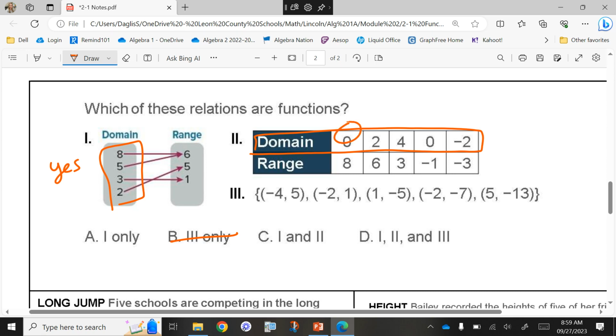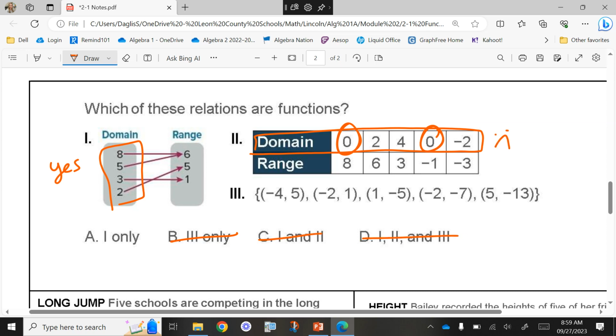You have 2 zeros, right? Uh-oh. That's okay. Now, there is a 2 and a -2. Is that the same number? No. It's not the same number, so that's okay. The issue is there were 2 different zeros. So, is this a function? No. So, 2 is out.